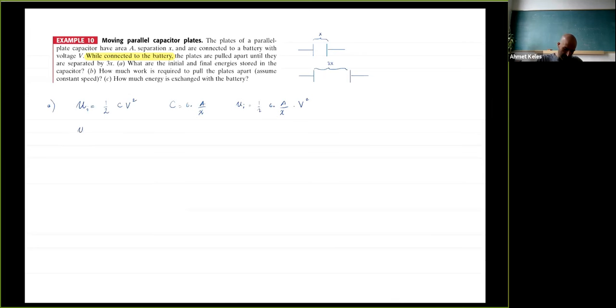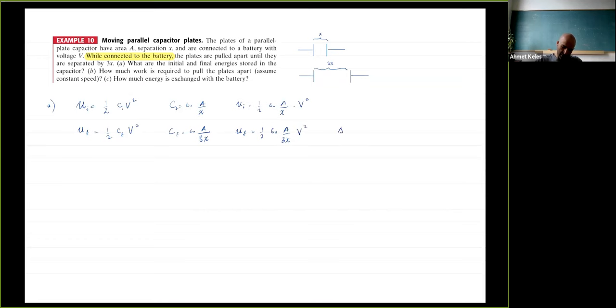So U final is similarly 1/2 some. This was initial, this is final, and voltages are the same because of the battery. And C final is equal to epsilon naught area divided by now 3x.